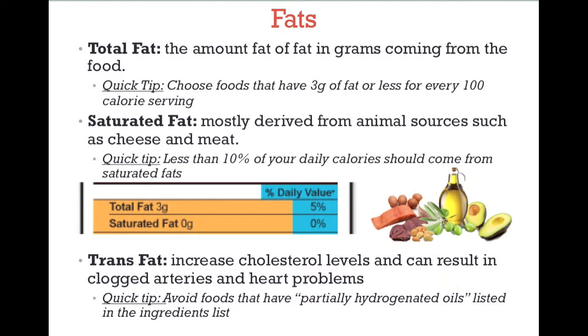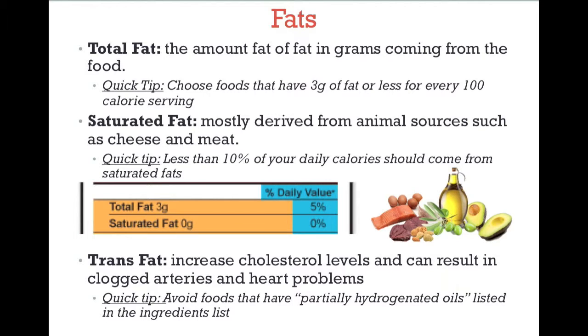Saturated fat is mostly derived from animal sources such as cheese and meat. Less than 10% of your daily calories should come from saturated fats. Trans fats are not listed here. However, they are usually listed under the saturated fats section. Trans fats are put in processed foods to increase their flaky texture, such as cookies, and put in packaged food to increase their shelf life.